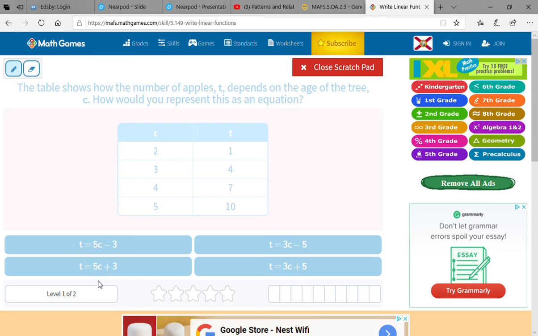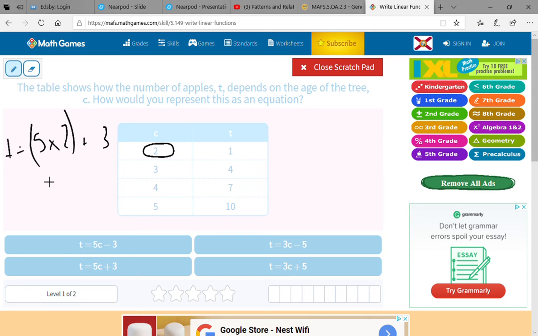Let's try another one. Let's try this equation, T equals 5C plus 3. Let's try it with the first number in my C column. T equals 5, remember when it's next to the letter, you multiply, so 5 times 2 plus 3. We know from PEMDAS that we solve the multiplication first.